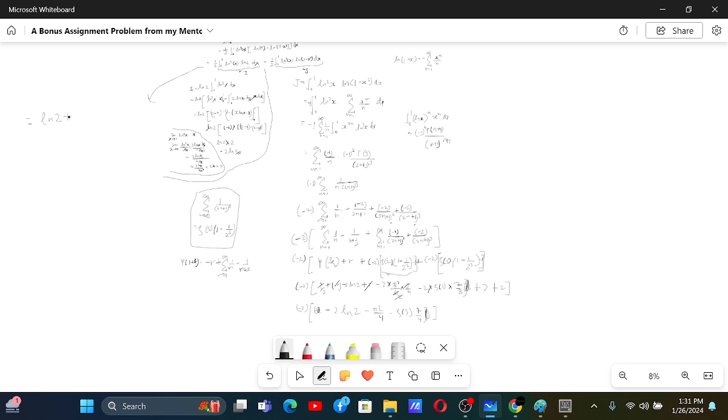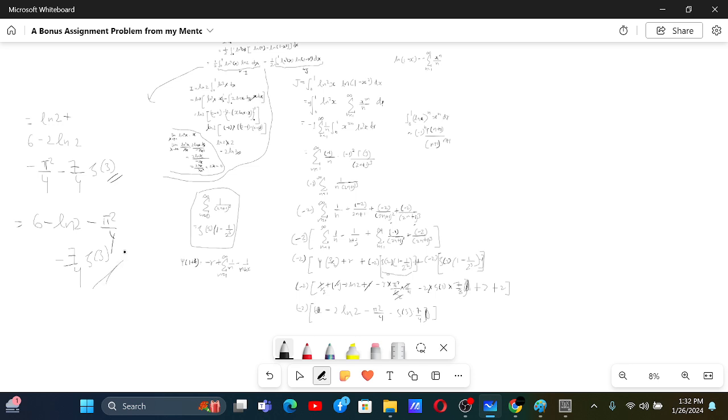So let's write plus, and these two cancel each other out, and we have 6 minus 2 ln 2 minus pi square by 4 minus 7 by 4 times Riemann zeta of 3. This is the answer, and now we can write it in elegant form: 6 minus ln 2 minus pi square by 4 minus 7 by 4 Riemann zeta of 3.